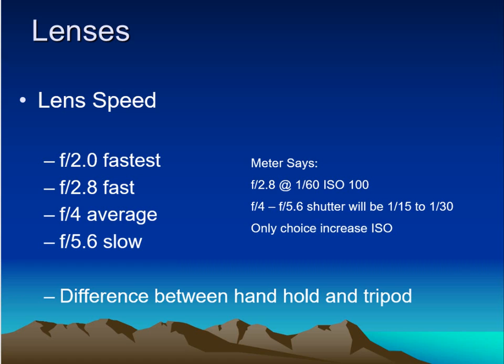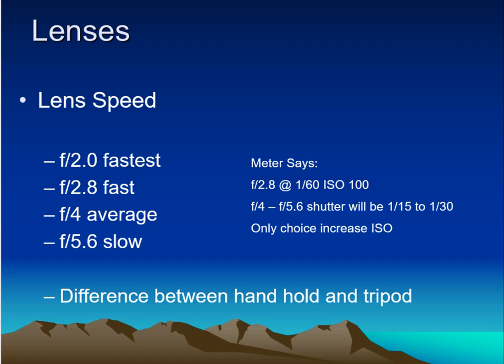Now, is this important? It may or it may not be. The reason I say that is if you have a tripod and you're shooting, you don't care that you're at 1/15th or 1/30th or even longer. You're on a tripod, no worries. But if you're shooting anything handheld, say you're in Yellowstone and there are some elk walking across the meadow, and it's early in the morning, the light's not super bright, you quickly grab your 300 millimeter lens, put it on your camera, and aim it at the elk.